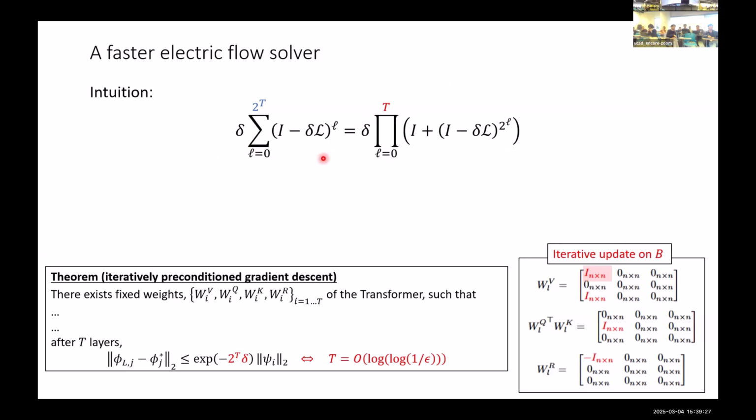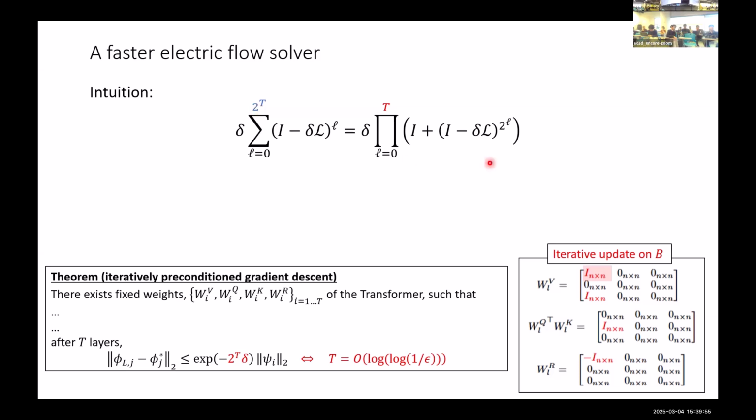By Taylor expansion, I mean expansion for the pseudo inverse of the Laplacian. So this expansion on the left is equivalent to this product-based expansion on the right, and t terms on the right is equivalent to 2 to the power of t terms on the left. So just in terms of the number of terms you have to implement, the right product-based expansion is much more efficient than the left sum-based one.